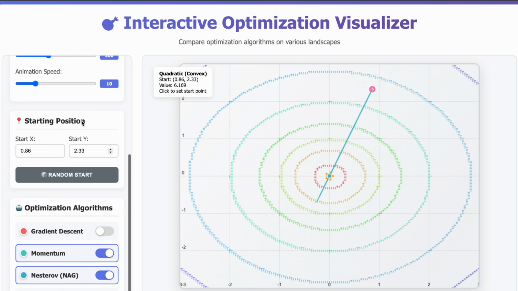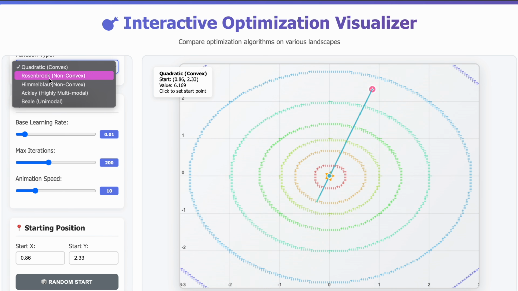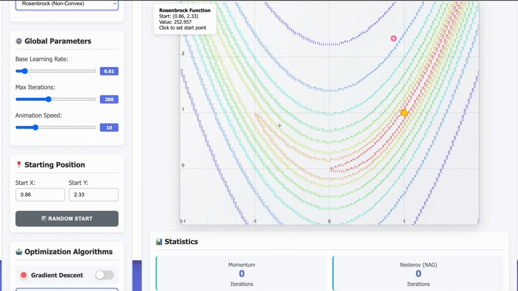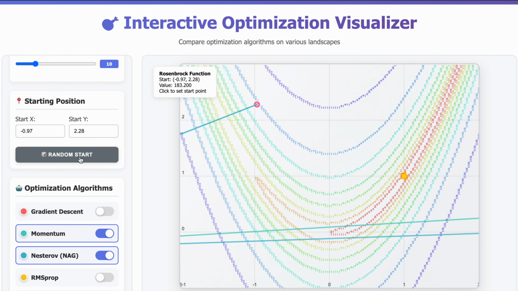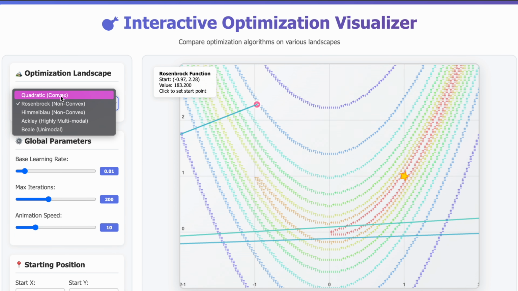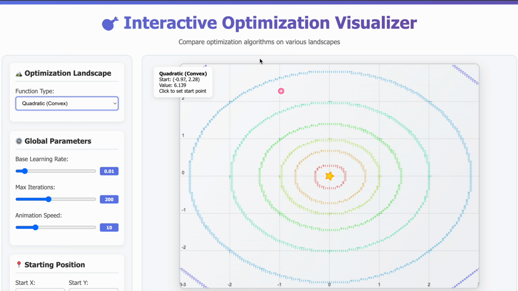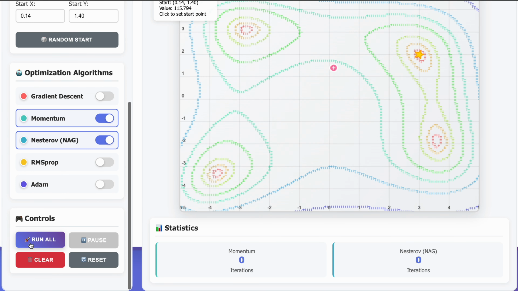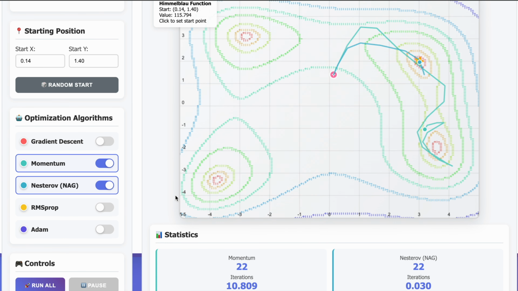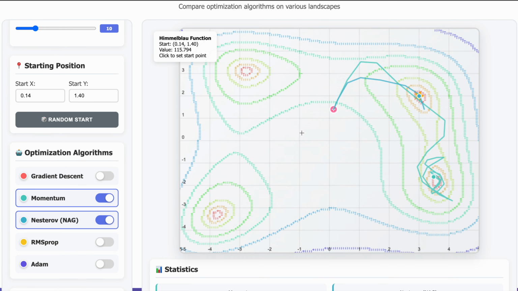So let's try to change the graph. Oh no, it's too tough because we cannot increase the scale of this graph, so we don't know what's happening inside. Yeah, here you can understand.